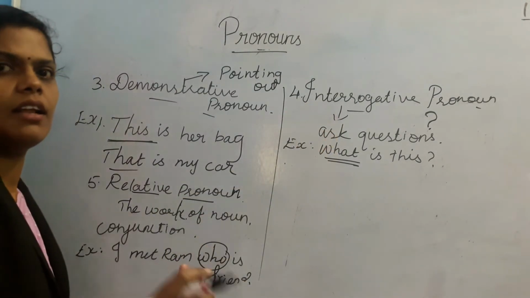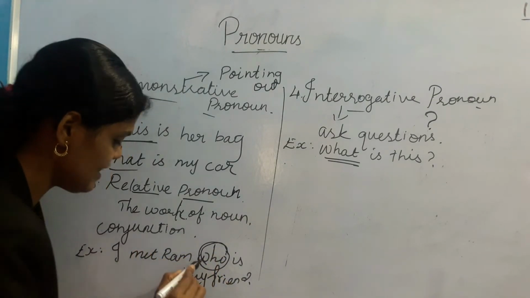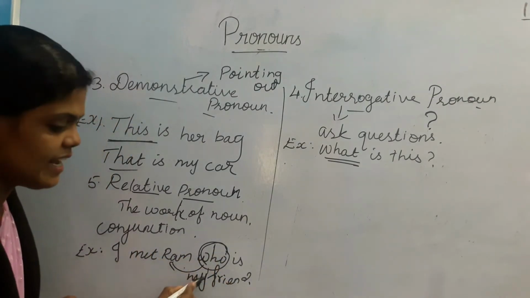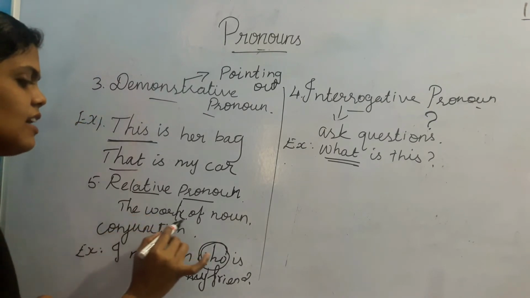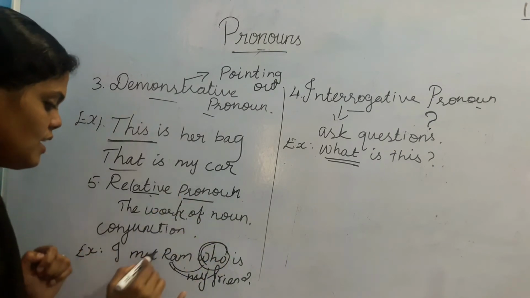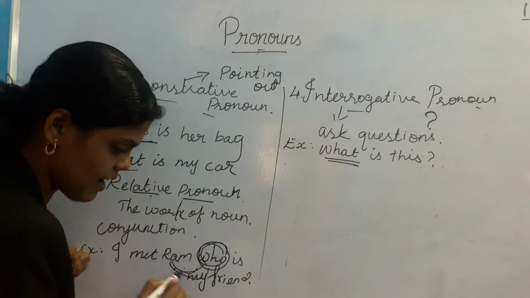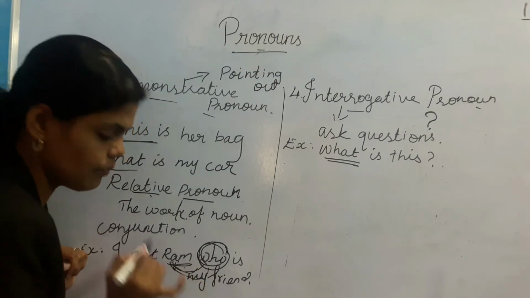Wherever you see who, what, and all, you should not say that is interrogative. It comes here and indicates Ram. The relative pronoun does the work of noun and conjunction. So this "who" indicates only Ram. It does the work of a noun.